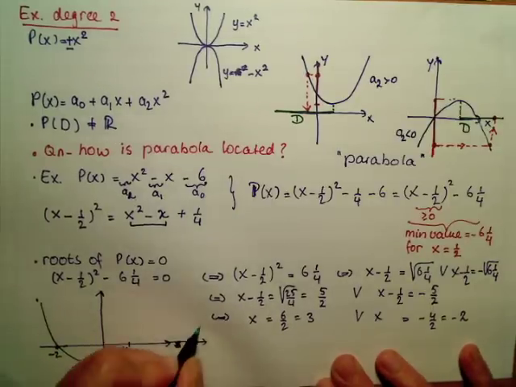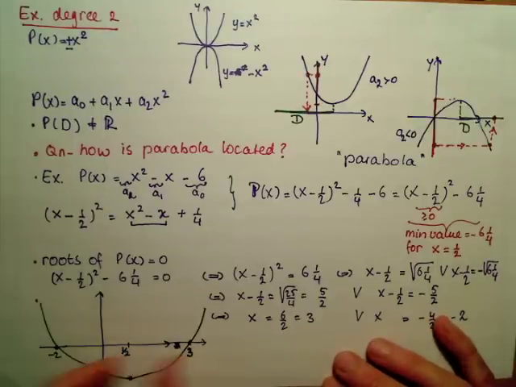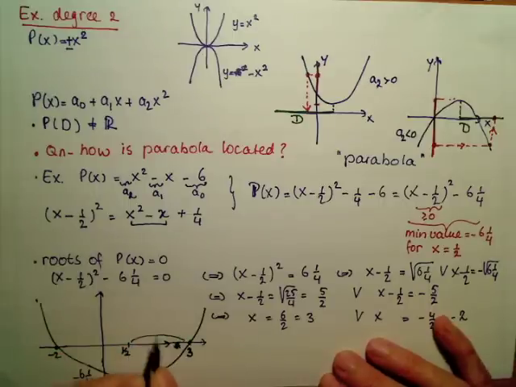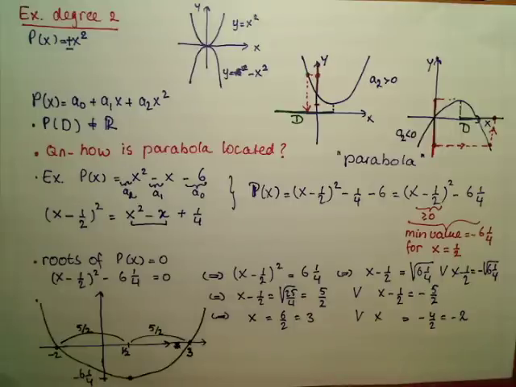The scales of course are a little bit wrong, but okay, we now can draw it. So this distance and this distance have to be equal. So this is a distance of 5 over 2, and this is a distance of 5 over 2. Okay.